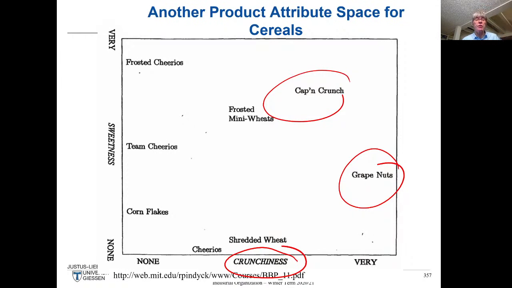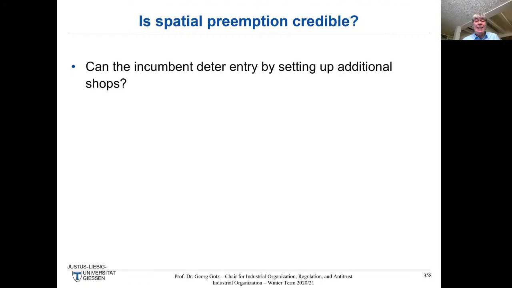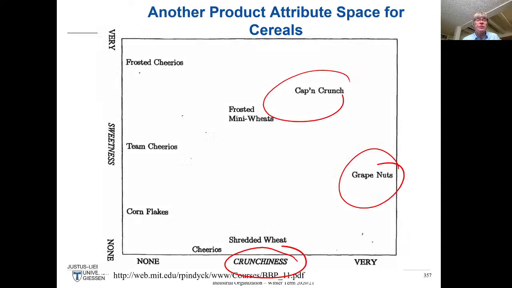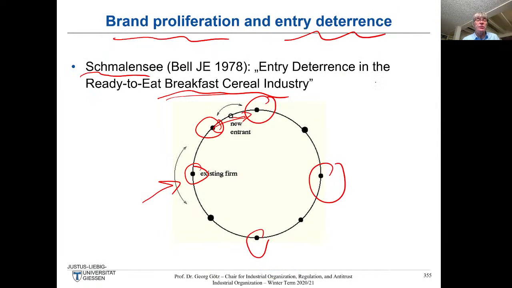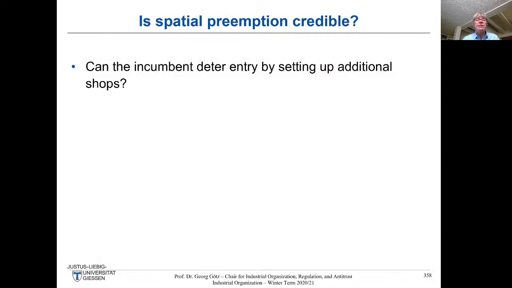Perhaps an interesting topic. Yeah, the main question, however, is, does that really work, this strategy? Is it possible to deter entry by product proliferation? And I think that's the final slide here, based on this kind of spatial model.